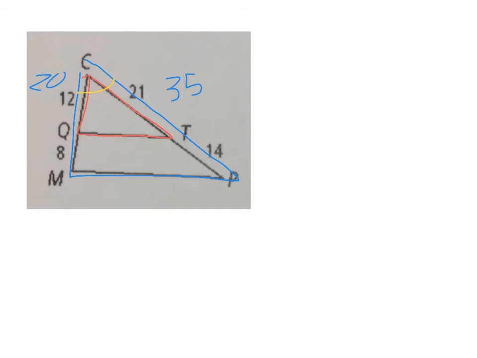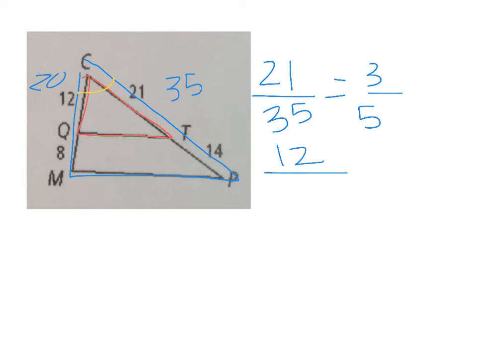Now I just want to see if these sides are proportional. In order to do that, I'm going to compare the side length on the small one, which is going to be 21, and we're going to compare it with 35. If I simplify that, that's going to give me 3 over 5. Doing the same thing on the left side, I'm going to compare the small triangle, was 12, to the big triangle, which was 20. 12 over 20 also simplifies to 3 over 5.